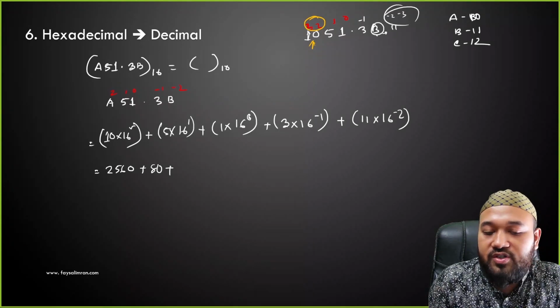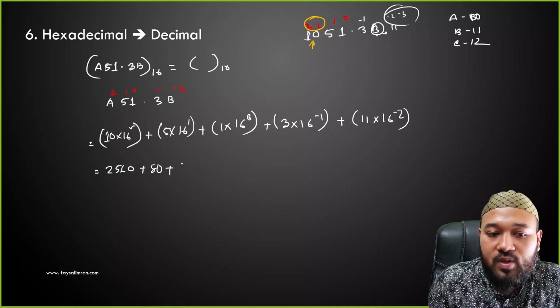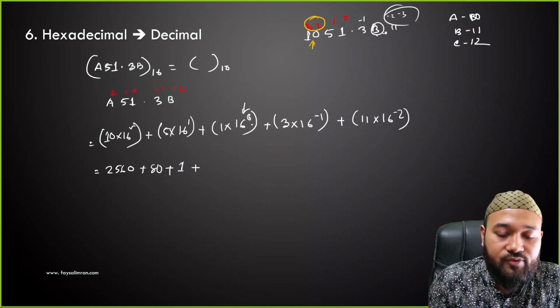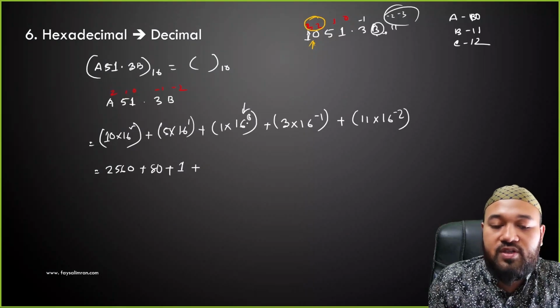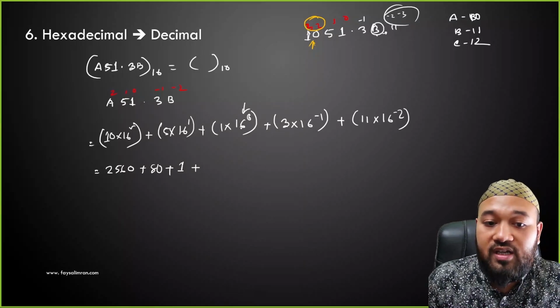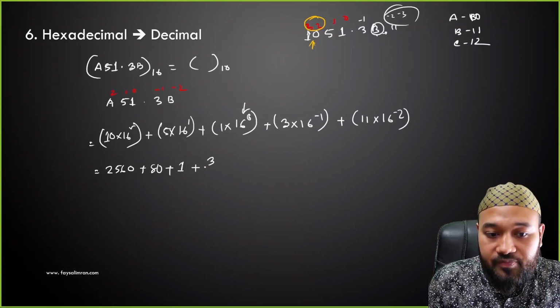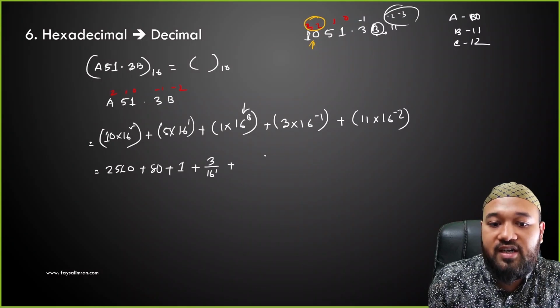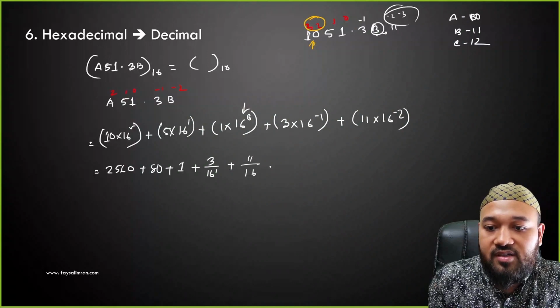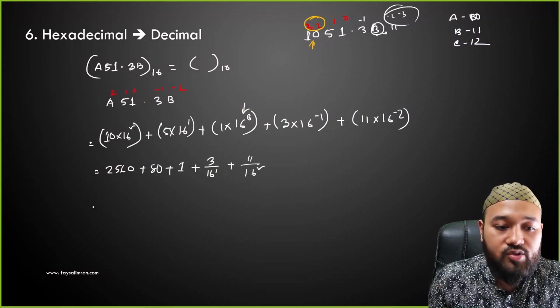Plus 16 to the power 0 means 1, and 1 into 1 is 1. Be very careful: 16 to the power 0 does not mean 0, it means 1. 1 into 1 is equal to 1. So here 3 by 16 to the power 1, plus here 11 by 16 squared.